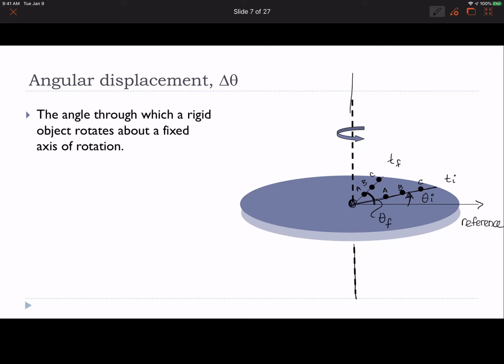And so as I look at that picture, all of those points, even though they are different distances from the axis of rotation, all go through the same angle, delta theta, which is the final angular position minus the initial angular position in the same time frame, because they both start at time t initial and end at some time t final.